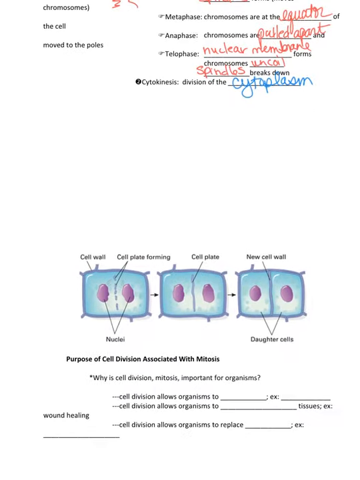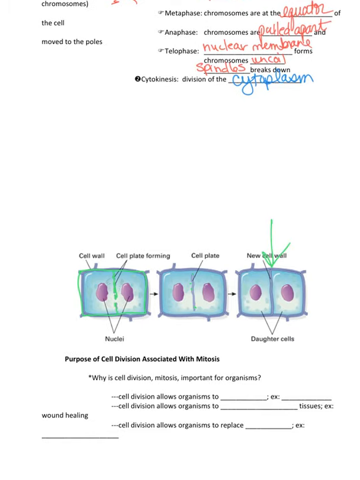This is different from a plant, okay? So we know this is a plant because it's square and it's got that rigid cell wall. And so you get a cell plate forming here. Okay, and it's kind of like building a brick wall. Brick by brick by brick, you put those plates in there, and then eventually you've got an entire new cell wall dividing them.